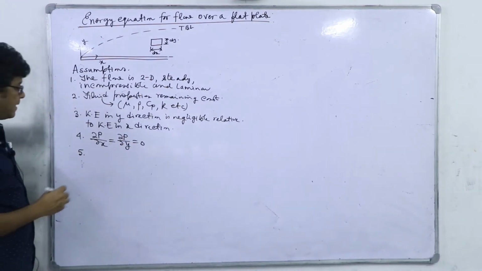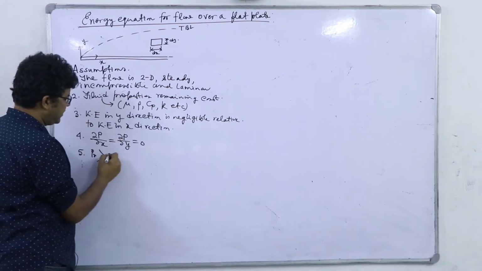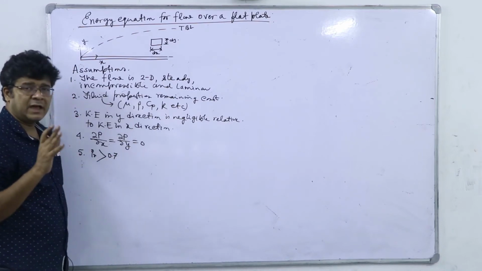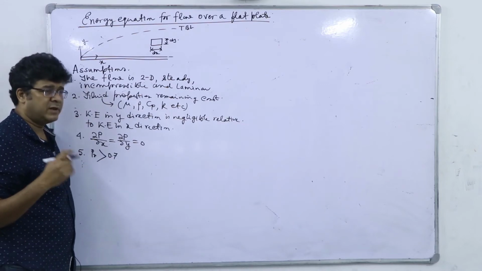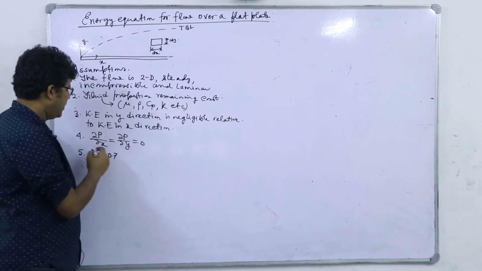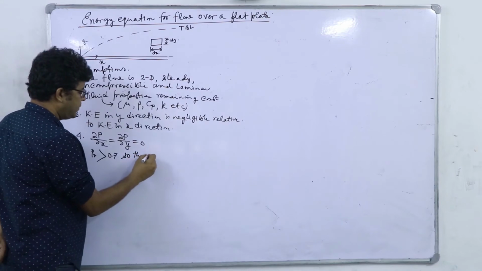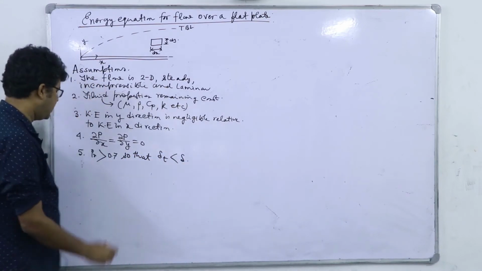Fifth, this Prandtl number is, let us say, greater than 0.7. See, I have mentioned that Prandtl number greater than 1, delta is greater than delta t, but actually the value is not exactly 1, it is lower than 1 for most of the fluid. So, if Prandtl number is greater than 0.7, delta t is smaller than delta, right.